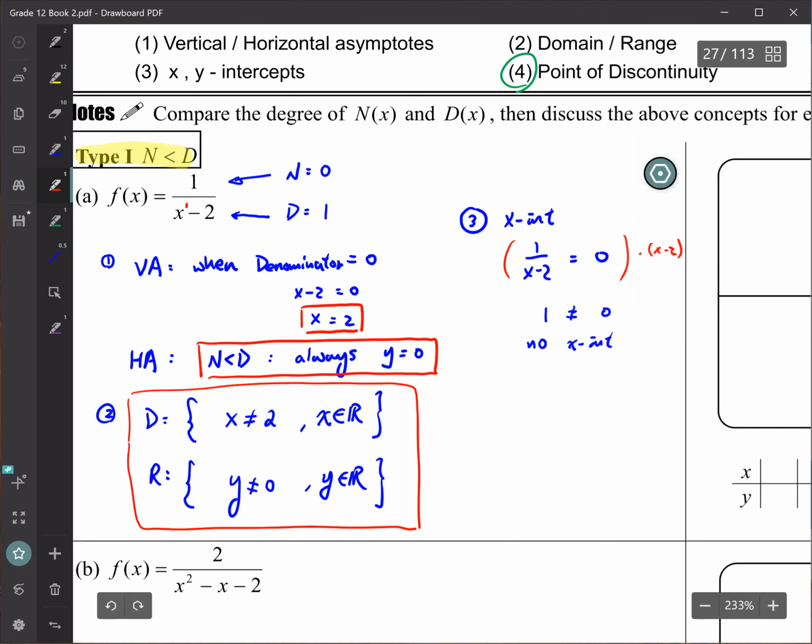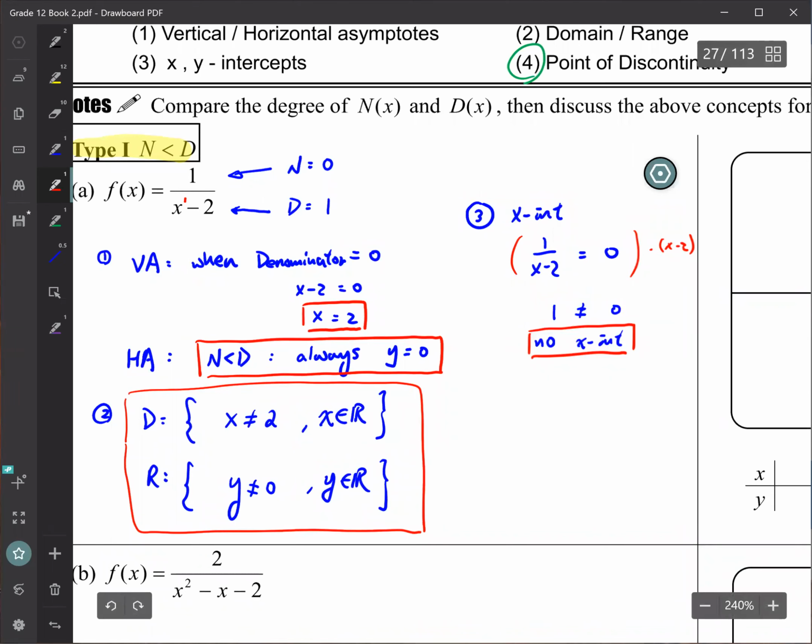Okay, so for this one, when this happens, another way to think about this one is if you want to have a fraction, right? You want to make it equal to 0, then you must make sure the numerator has to be 0, right? The top has to be 0. And the denominator cannot be 0 because it will be undefined, right?